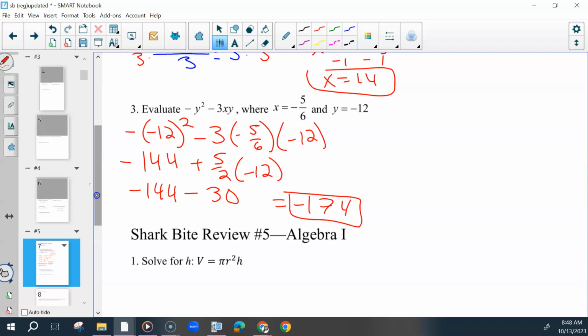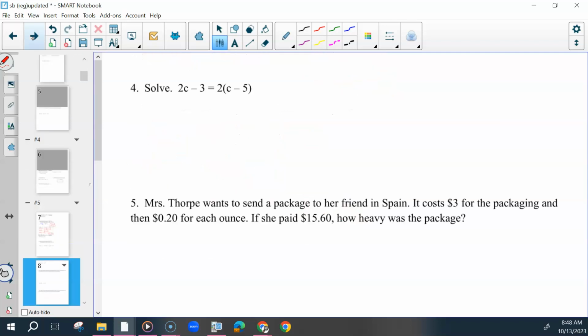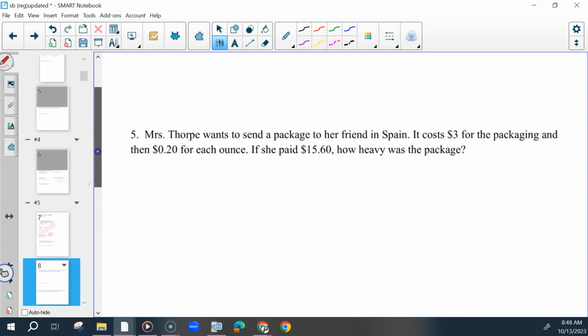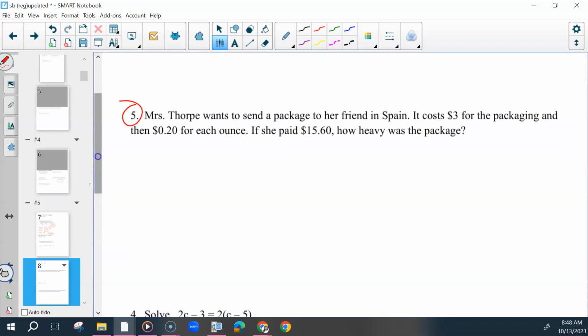Number 5 was our word problem. So this wants to send a package to a friend in Spain. I don't actually have friends in Spain, but it costs $3 for the packaging and 20 cents for each ounce. If she paid $15.60, how heavy was the package?